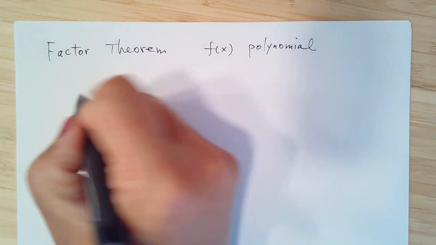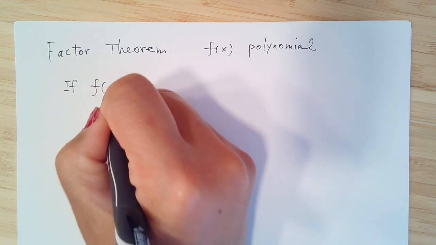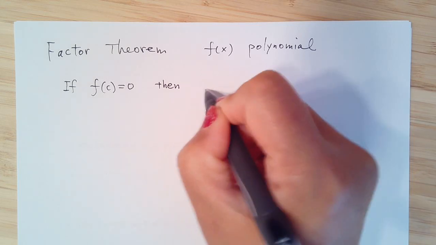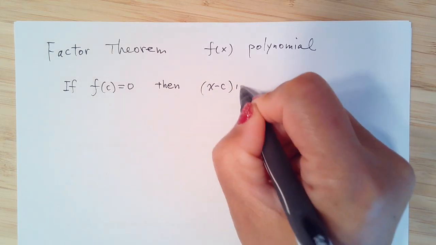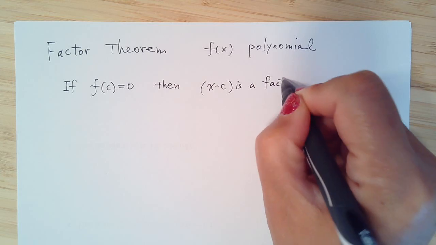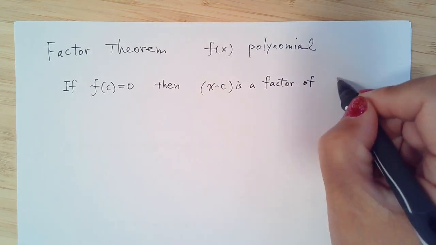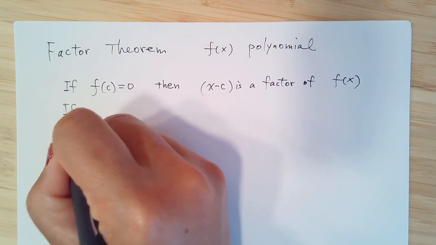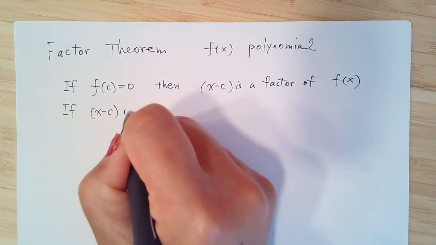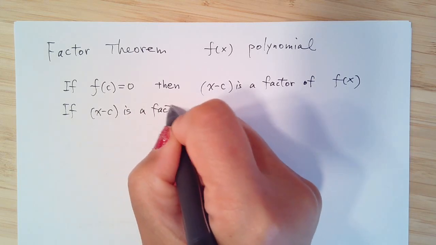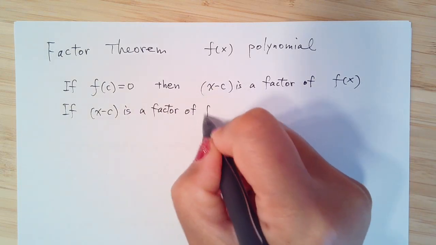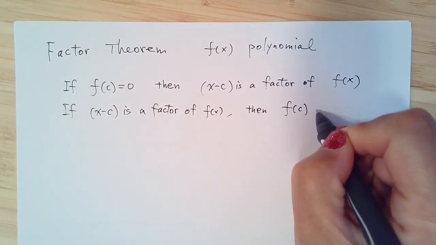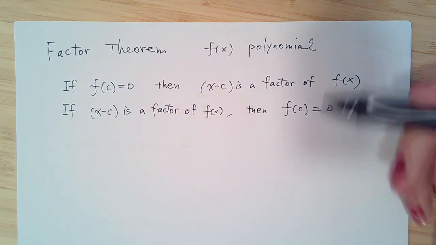If f of c equals 0, then x minus c is a factor of f of x. If x minus c is a factor of f of x, then f of c equals 0. So they pretty much talk about the same thing.